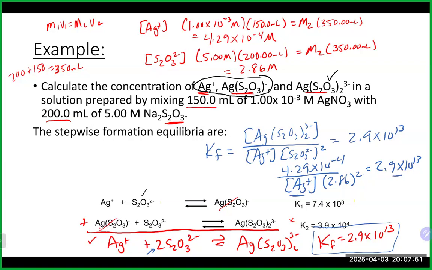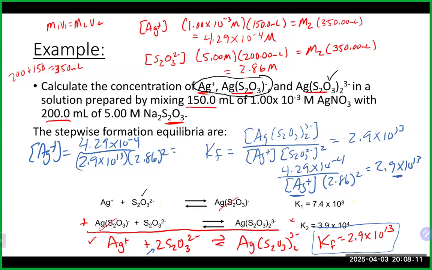Again, these guys are going to switch places, and that would give us a silver concentration of 4.29 times 10 to the minus 4 divided by 2.9 times 10 to the 13, and our 2.86 that we do need to square. And hopefully we should end up with the exact same number we just got. Otherwise, a little embarrassing if it isn't, but hopefully it is. There we go. 1.8, dare I say, times 10 to the minus 18.